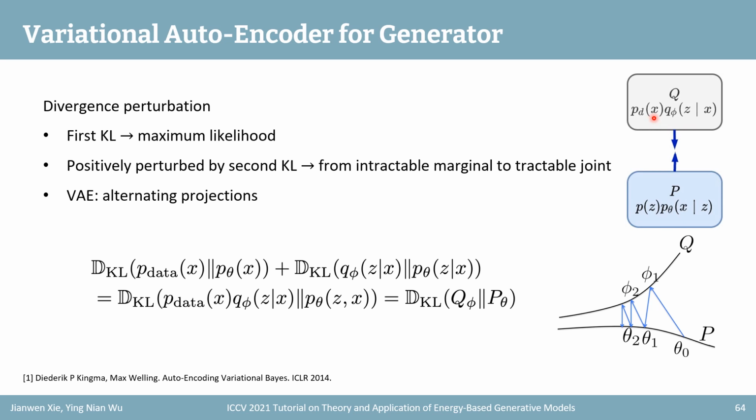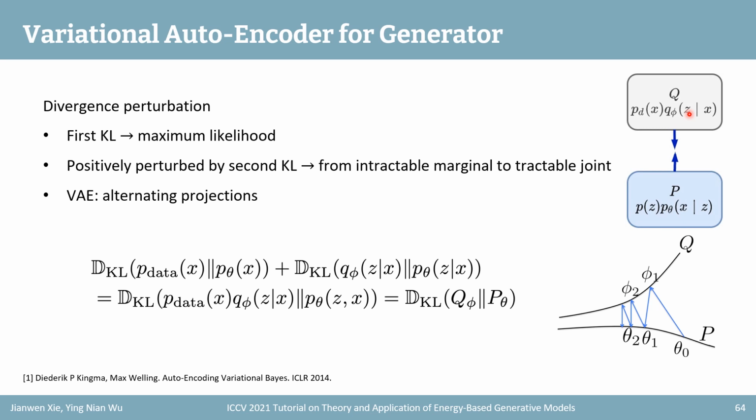In fact, x can be considered as observed data and z as missing data. This inference model is like imputing the missing data, so that we have Q parameterized by phi, the joint distribution of x and z. So this is another joint distribution.